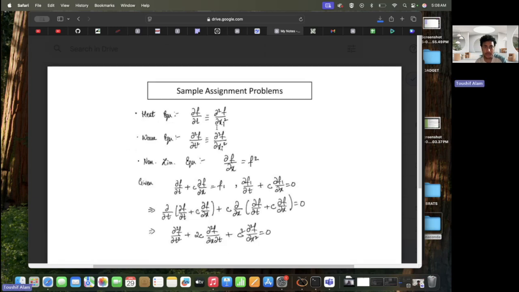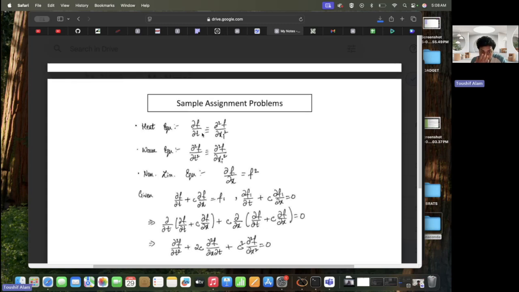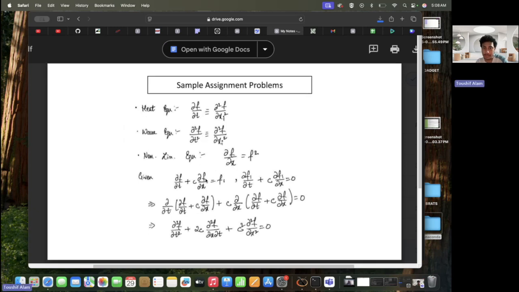But still, the heat equation is del f del t equals a del square f del x square. The wave equation is del 2 f del t square equal to c square del 2 f del x square. The nonlinear equation is del f del x equal to f square. So given del f del t plus 3 del f del x is f1 and this is 0, if we take the partial derivative with respect to time, we will get this.